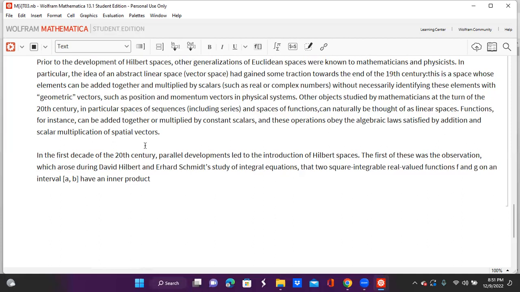Other objects studied by mathematicians at the turn of the 20th century, in particular spaces of sequences, including series, and spaces of functions, can naturally be thought of as linear spaces. Functions, for instance, can be added together or multiplied by constant scalars, and these operations obey the algebraic laws satisfied by addition and scalar multiplication of spatial vectors.